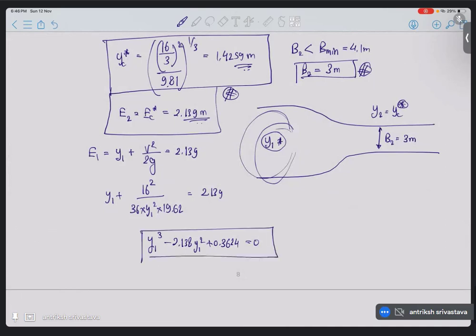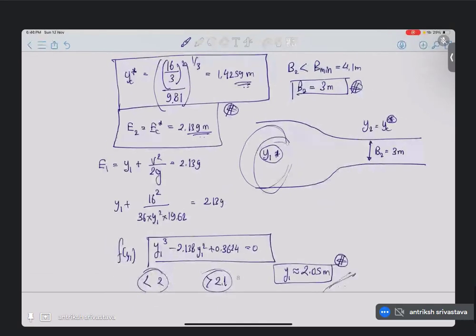Again, I used some kind of approximation here, and the y1 value now is going to be approximately 2.05 meters. So the value of this expression F(y1) was negative at 2 and it was positive at 2.1. So I have just approximated the value of Y1 as 2.05 meters, right?